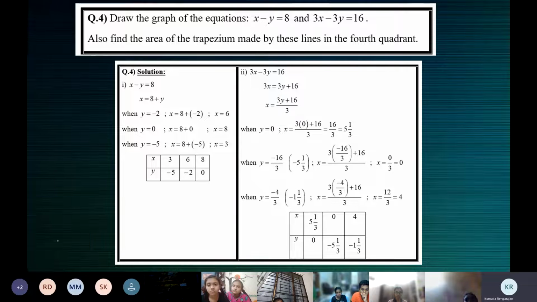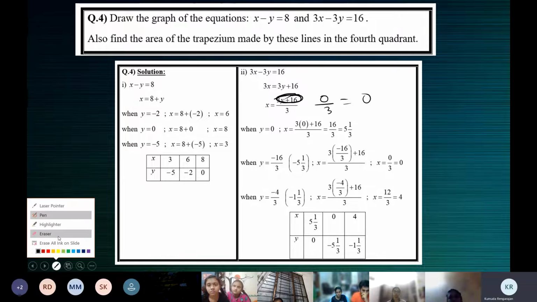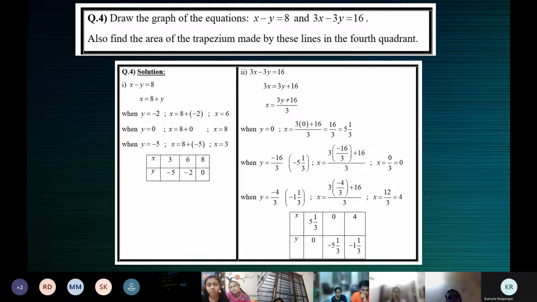Now for the next one, I wanted the numerator to become 0. So 0 by 3 is 0. If the numerator has to become 0, then the value of y should be minus 16 by 3. 3 into minus 16 by 3 plus 16 by 3: 3 cancels, minus 16 plus 16 is 0, and 0 by 3 is 0.